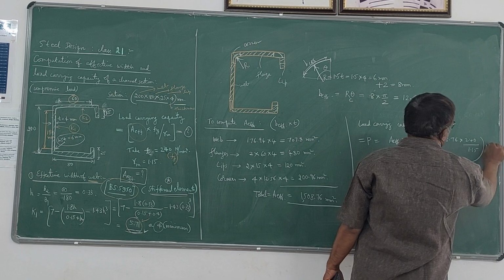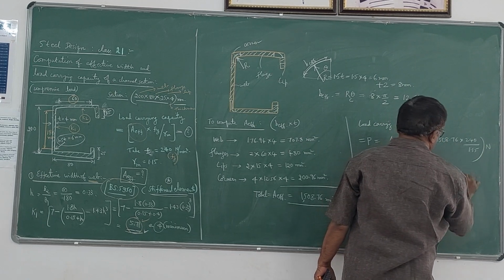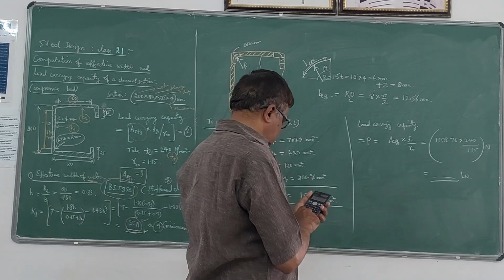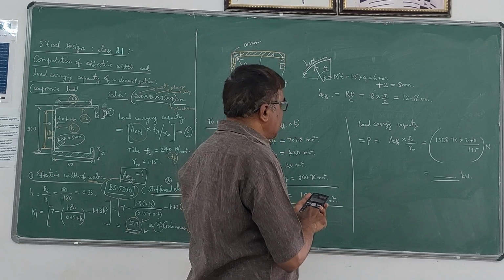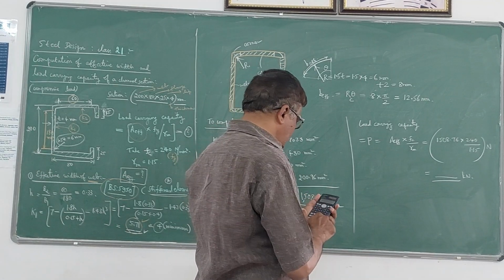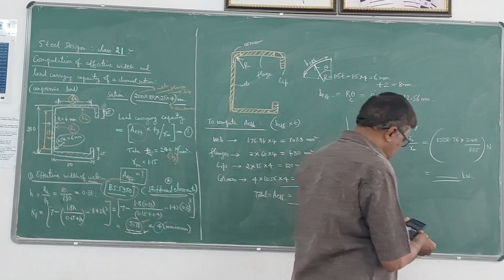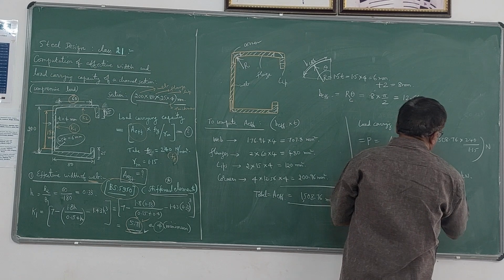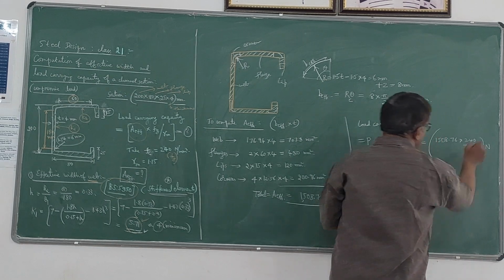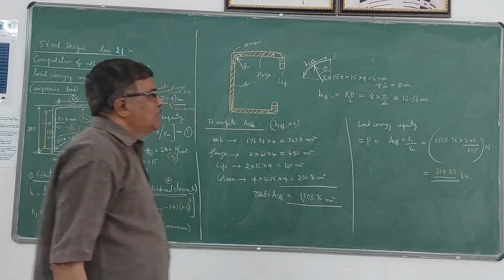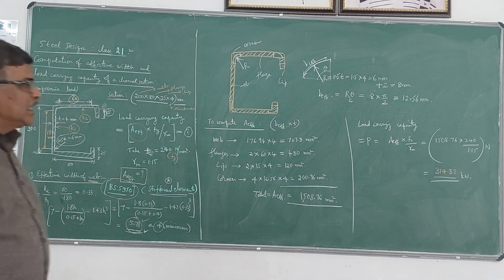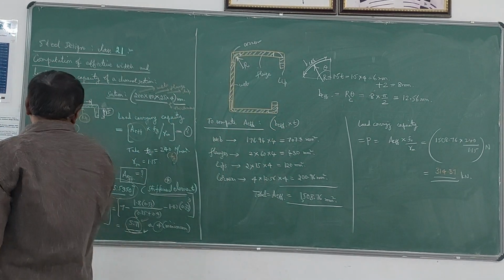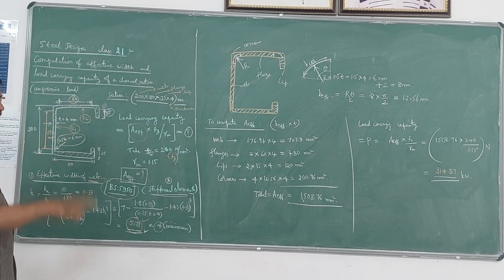This will be in newtons, and you can convert it into kilonewtons. It comes out to be 314.87 kilonewtons. So that is the axial compressive load carrying capacity of this particular cold formed steel section.